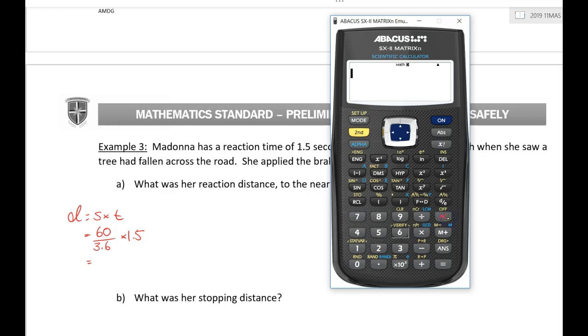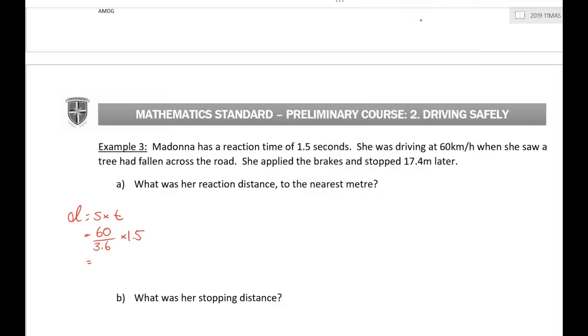Let's do it again though. 60 over 3.6 across times 1.5 equals 25 metres. Look at that, in 1.5 seconds, 60 kilometres an hour covers 25 metres. Beauty.